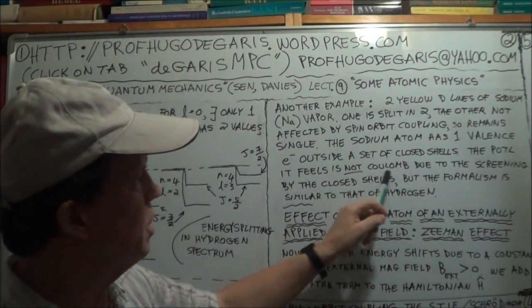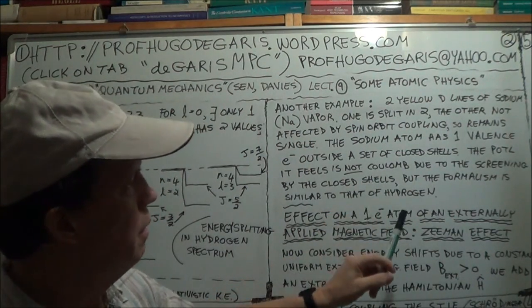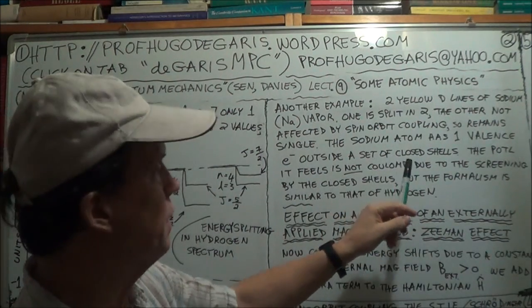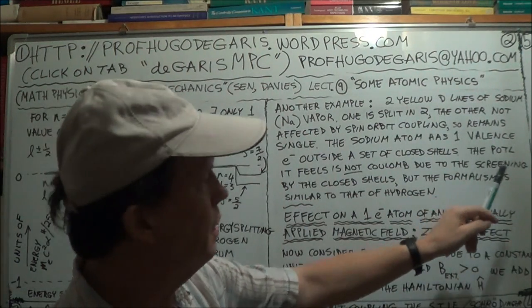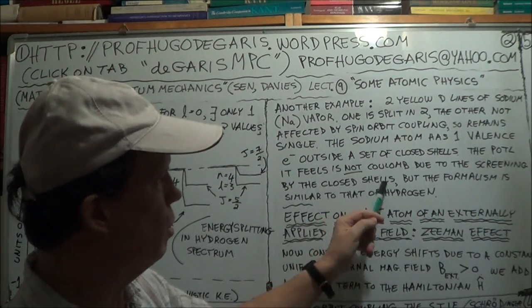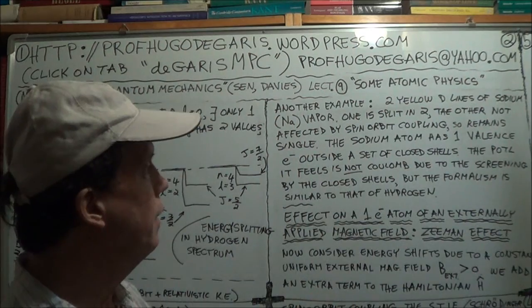Now, because of that, the modelling of the potential energy, the V, is not entirely Coulomb, because the positive charge of the protons in the nucleus, they're sort of screened or masked, modified in a sense, due to the 10 electrons in the closed shells closer into the nucleus.